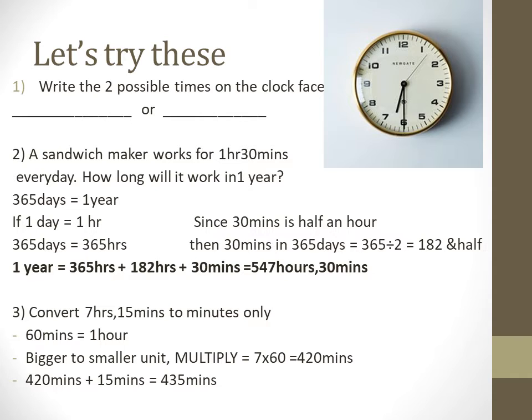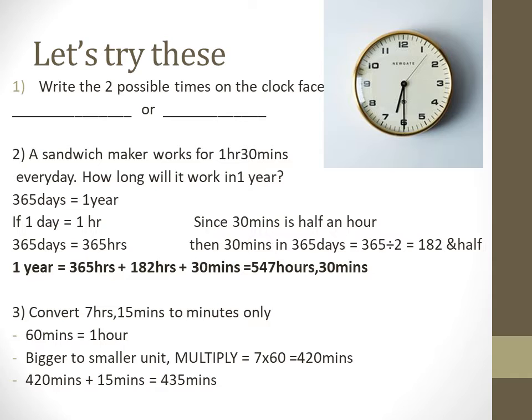Easy, right? Yes. Now let's do the 30 minutes. 30 minutes is half of an hour, remember? So definitely, if the sandwich maker works for 365 hours in 1 year, then 30 minutes will definitely be half of the 365 hours. You got that, right?